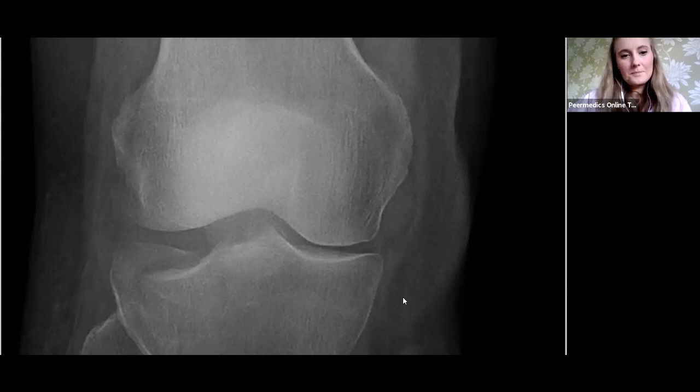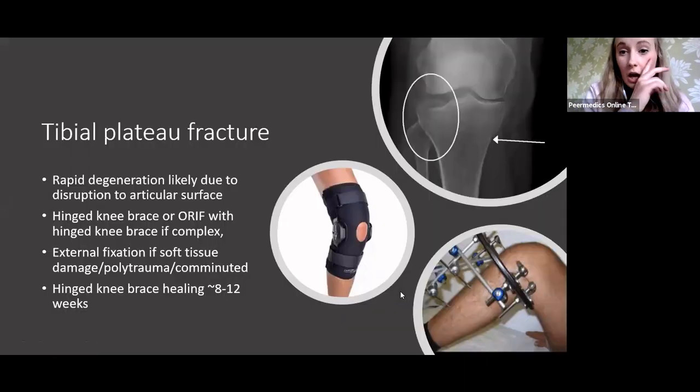If you're looking at the image, on the right we've got a nice bit of continuity, follow it over to the left, and all of a sudden you've got disruption of the tibial plateau. So yeah, it's a tibial plateau fracture. Most of them don't look quite as obvious as that.